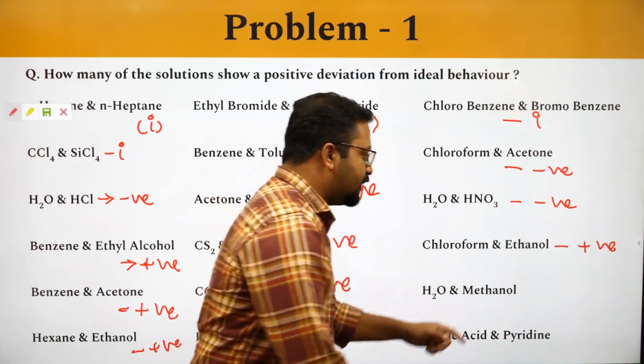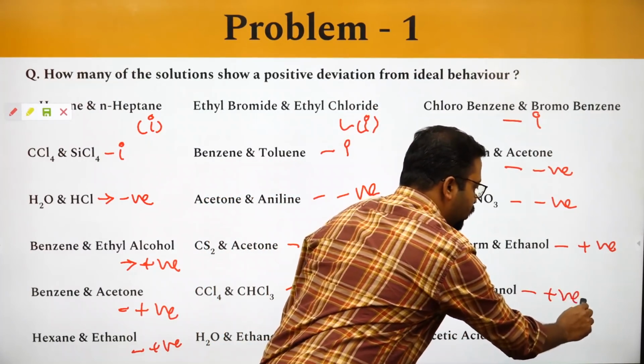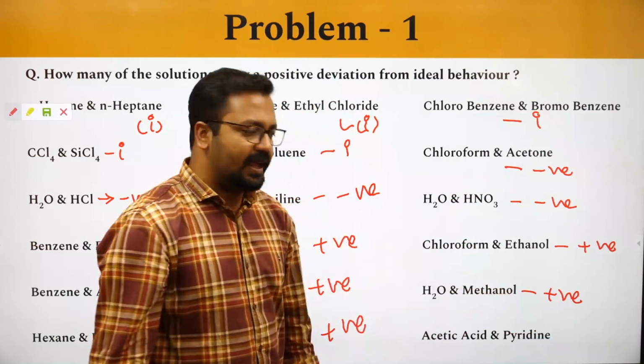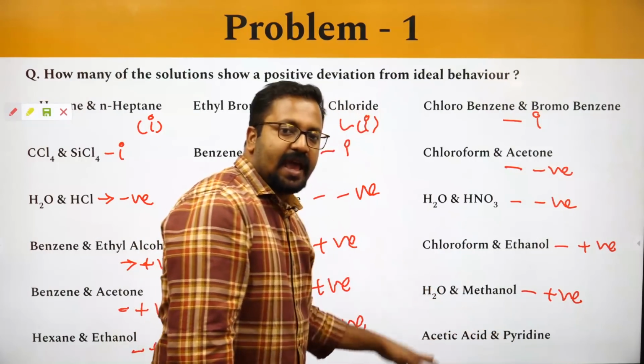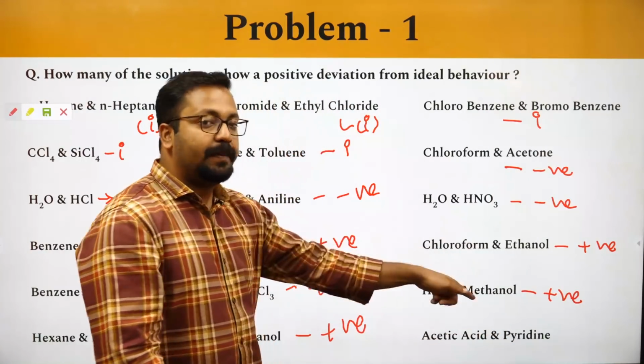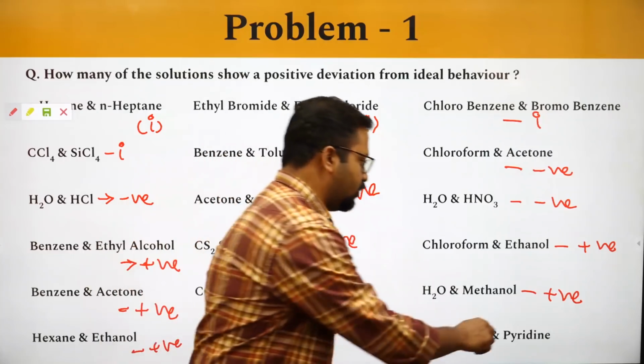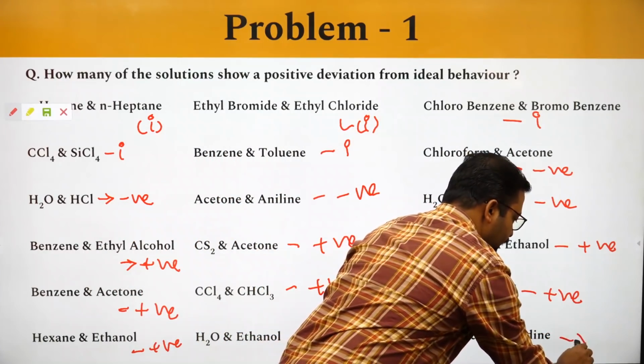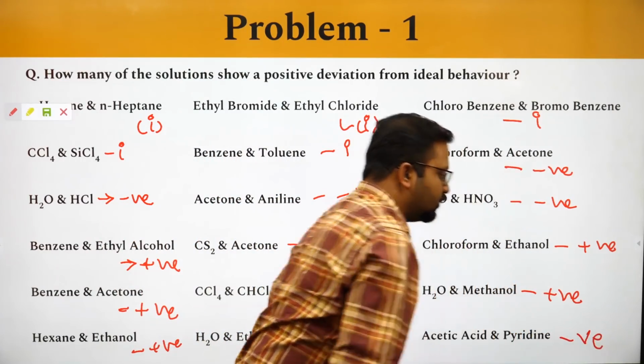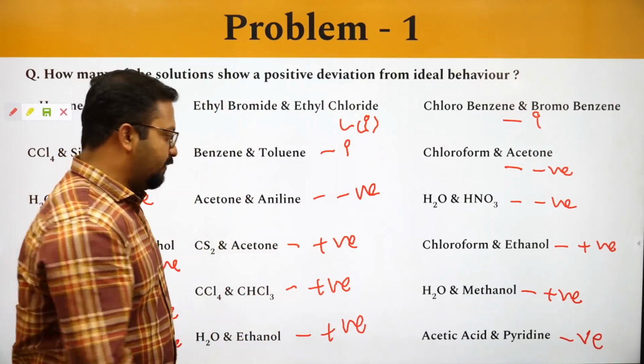Positive. H2O methanol, positive. Acetic acid pyridine, acid and base के बीच में रिएक्शन होता है, तो ये हो गया negative deviation. This will be negative deviation.